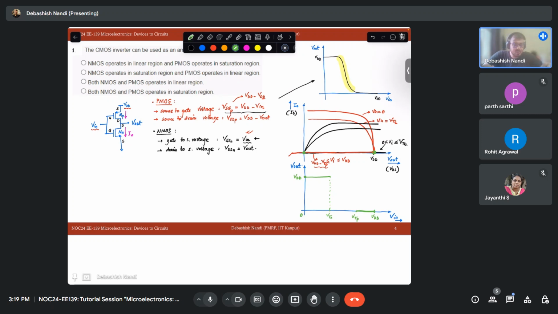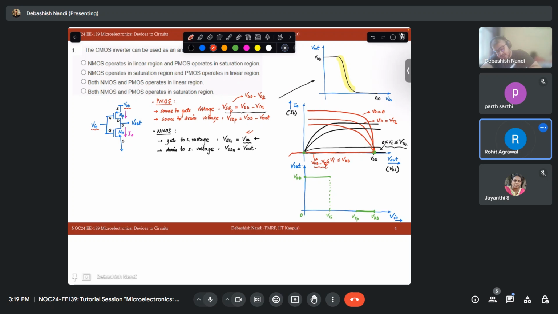Now comes the question, what is happening in between? Let's say we start to increase our Vin beyond VTN. What will happen? Then my NMOS will not remain at this black line. It will also start to conduct. My NMOS will also start to conduct, and my PMOS will keep falling.